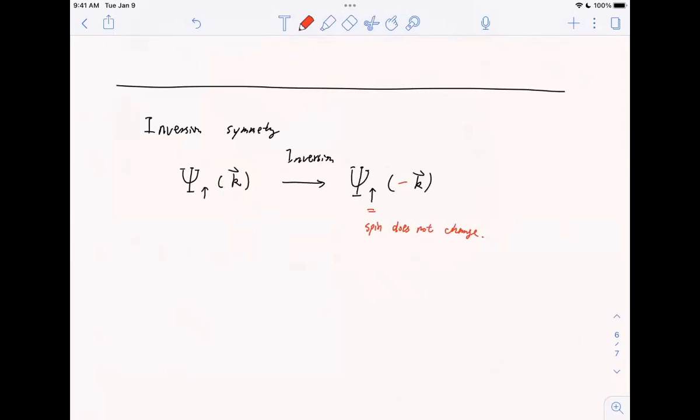K is a vector, so under inversion X, Y, Z become negative X, negative Y, negative Z. So everything about the vector will get flipped. This part is why does the spin not flip under inversion symmetry?